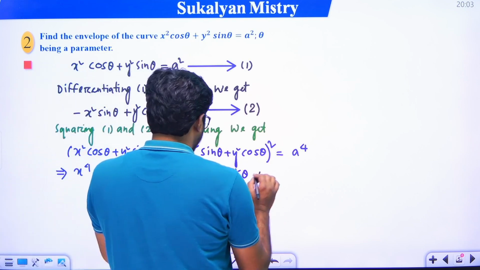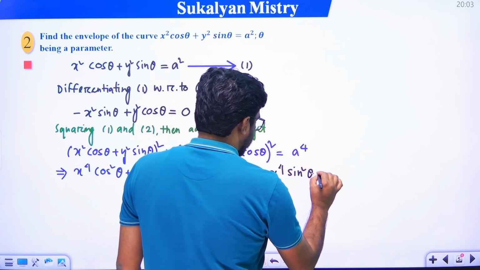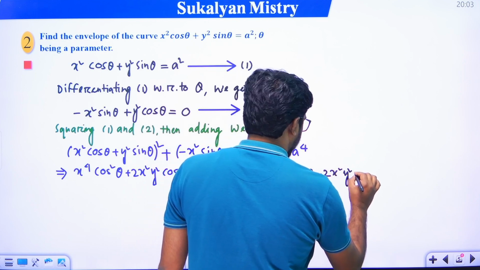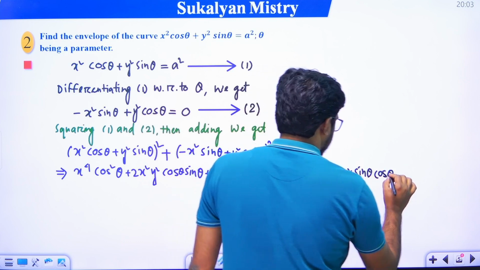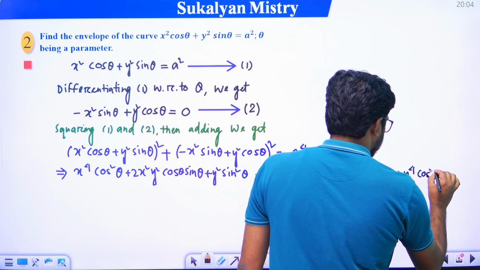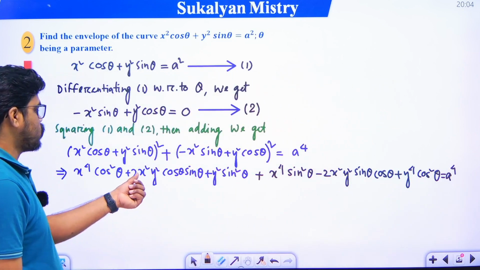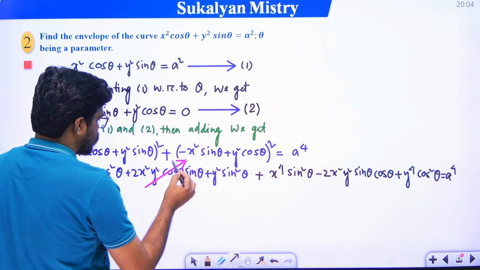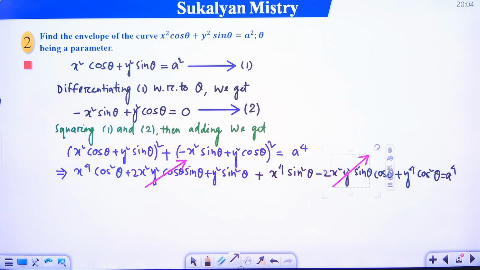So this will be x to the power 4 sin square theta minus 2x square y square sin theta cos theta plus y to the power 4 cos square theta. So this equals a to the power 4. 2x square y square cos theta sin theta minus 2x square y square sin theta cos theta cancel.